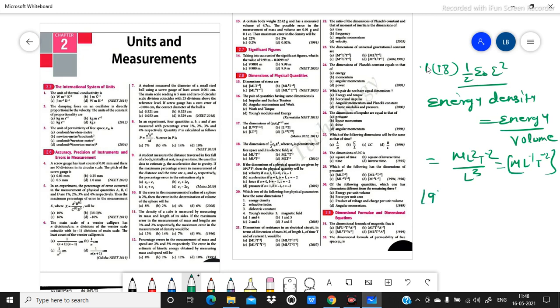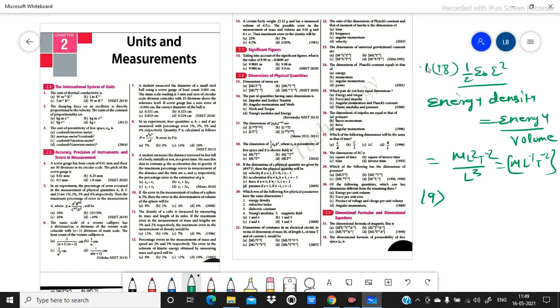So number 19. If the dimension of a physical quantity is given by M a L b T c, then the physical quantity will be. It is also a question where you have to check individual options, and after checking you will definitely have the correct answer. So here I am going directly for option D, which is correct.